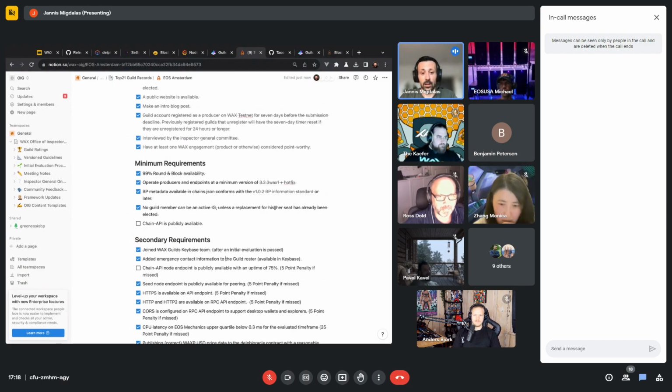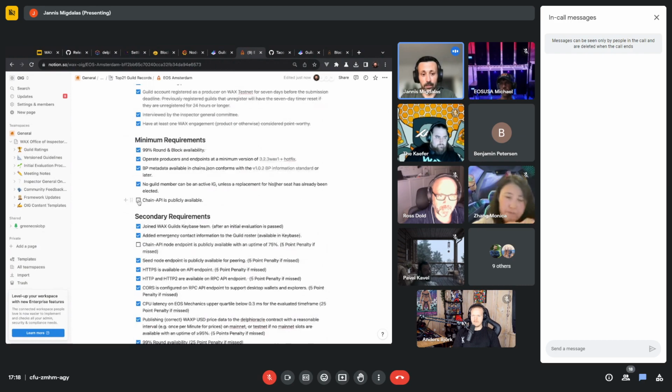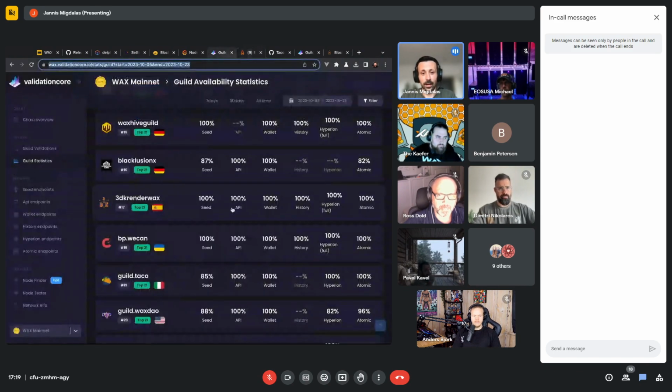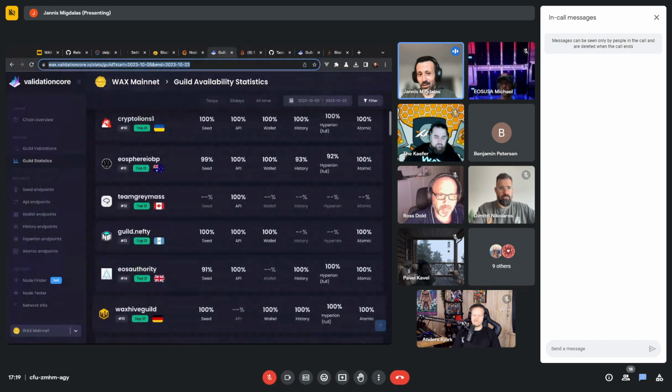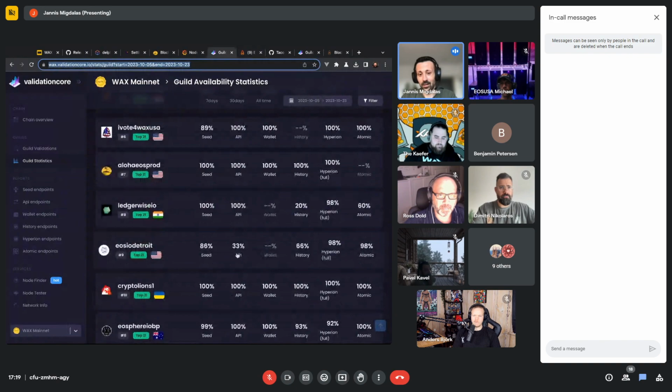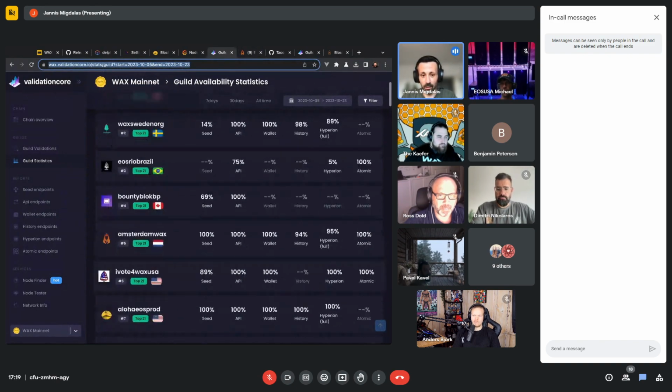One significant change is happening with the next tech evaluation, which is we require you to have a working chain API, and it must be publicly available. This is indeed the case for all of the guilds. In some cases, the tracking might fail, and in some other cases, there are some minor issues with Chain API.